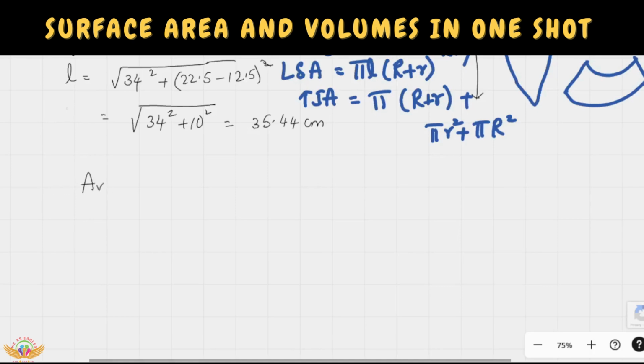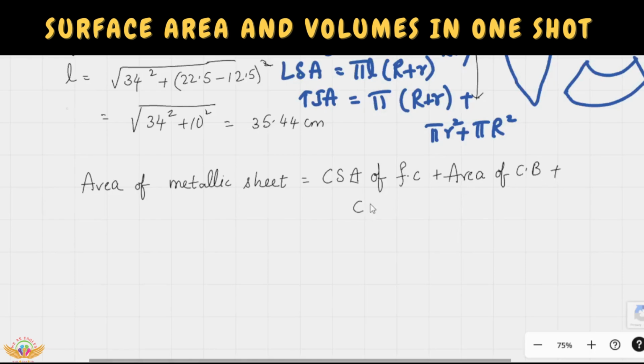Area of metallic sheet used is equal to curved surface area of frustum of cone plus area of circular base plus curved surface area of cylinder. So we have to add all these three to complete the sheet and get the area of the metallic sheet.